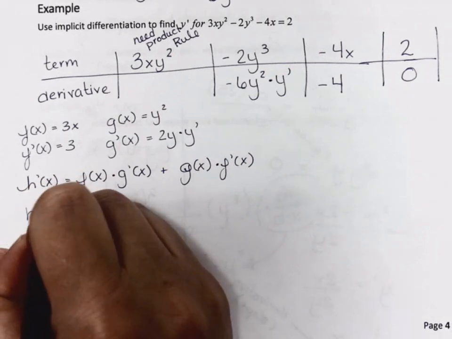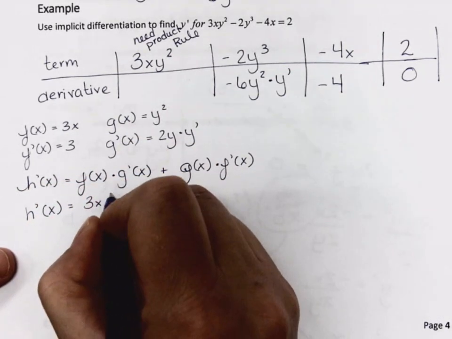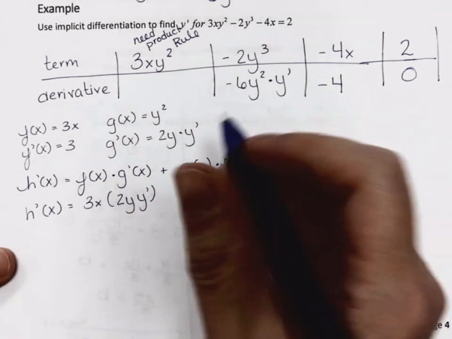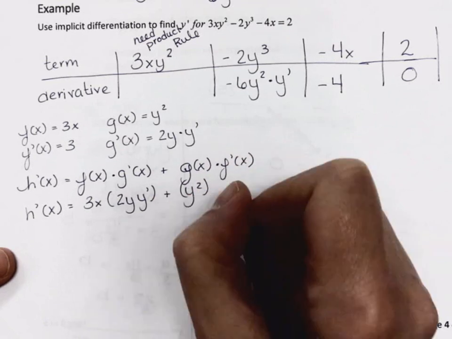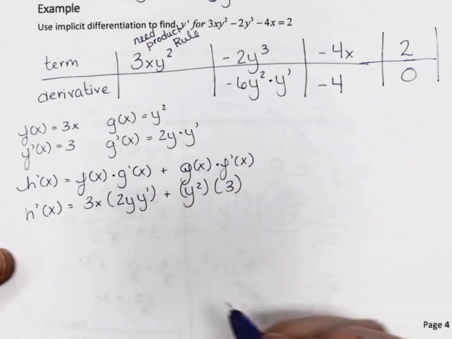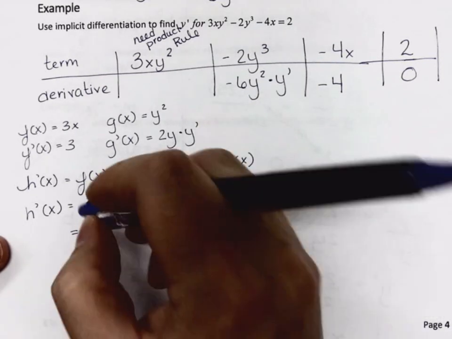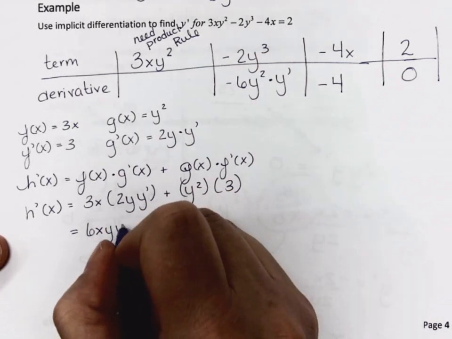So the derivative here is going to be 3x times 2y y prime plus y squared times 3. Multiplying is harder than you think.